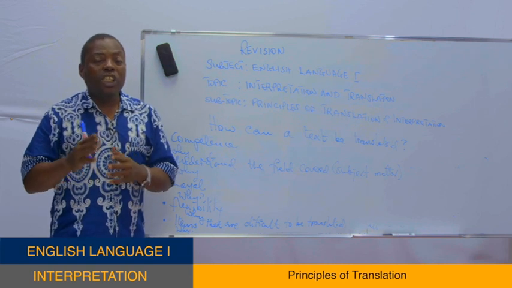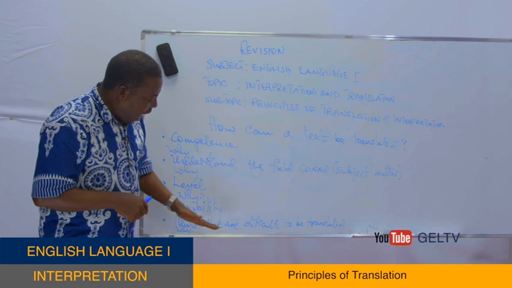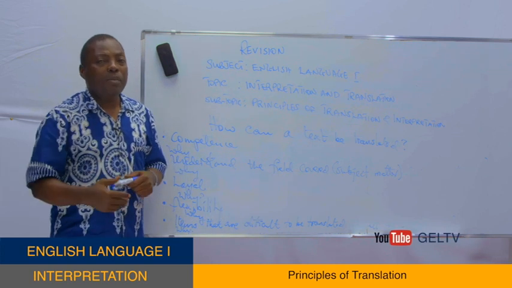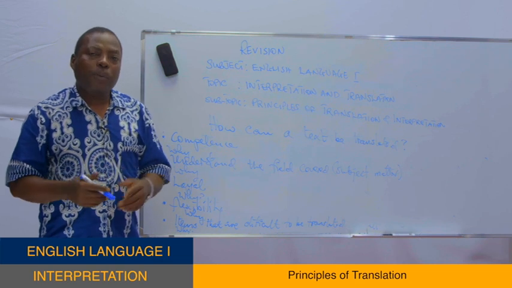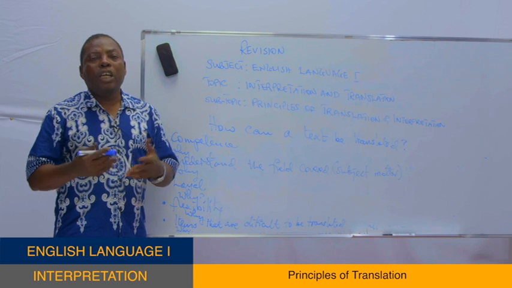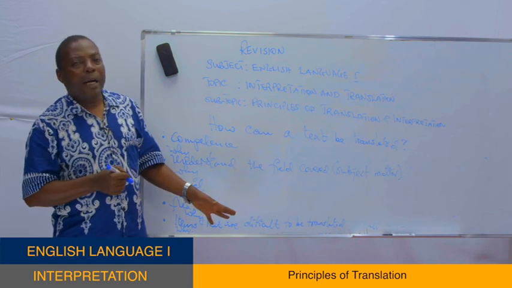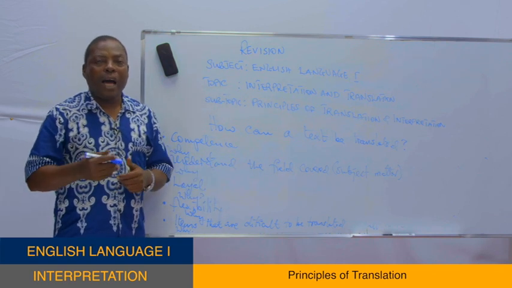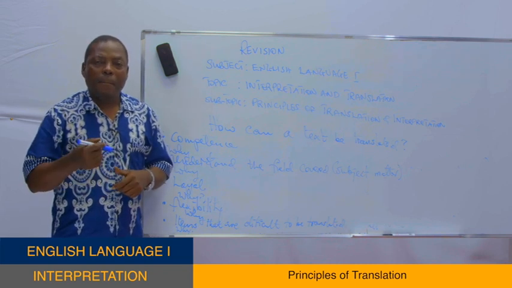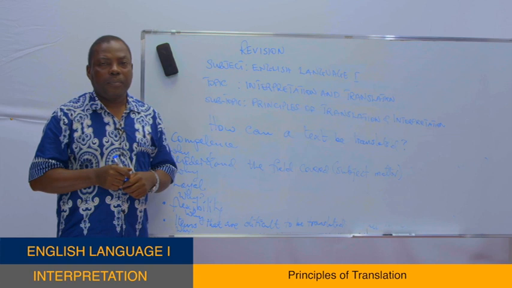So when he or she is aware of those items that are difficult to translate, when he or she comes across them during the process, then he or she would be able to know what to do to make whatever has been said understood by the audience or by the reader.